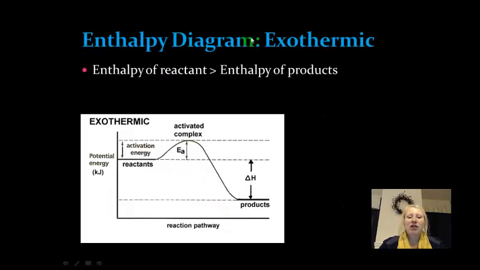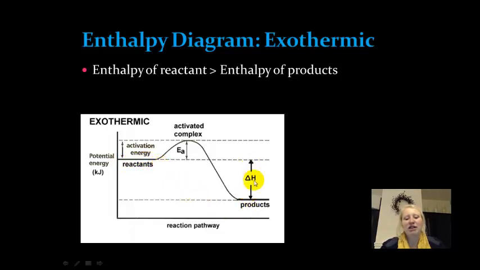Lastly, we have to draw what are called enthalpy diagrams. If we have an exothermic reaction, we start with our reactants, and we know that exothermic means it loses energy. Remember, all reactions take a little bit of energy to start. So you draw this curve, the potential energy over here, and it has to overcome that activation energy. But then the products are much lower in energy than what we started with, because in an exothermic reaction we're losing energy.